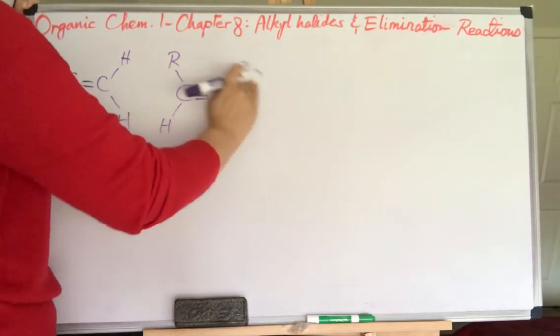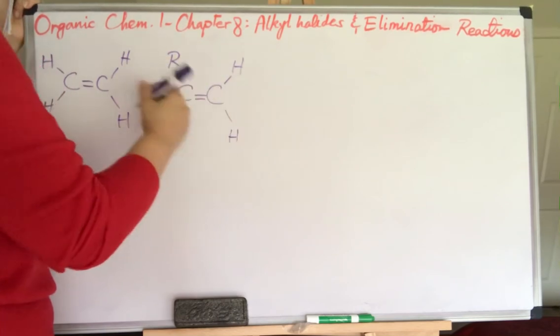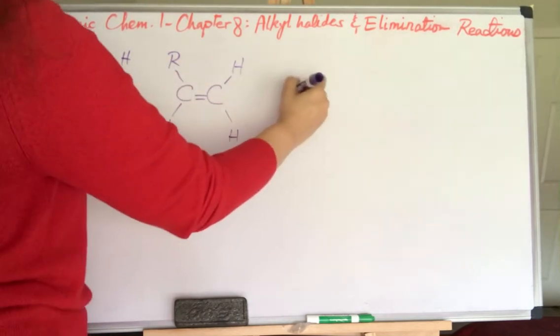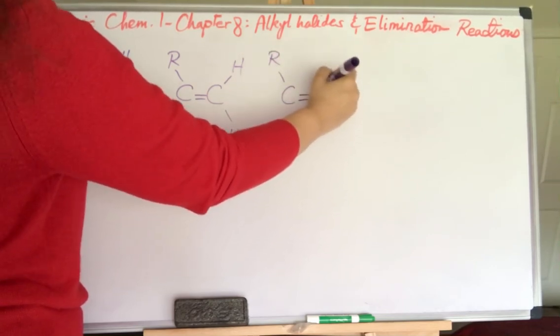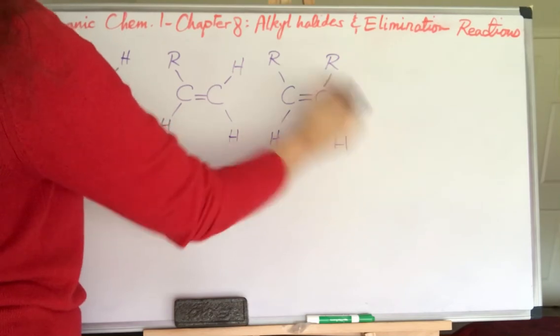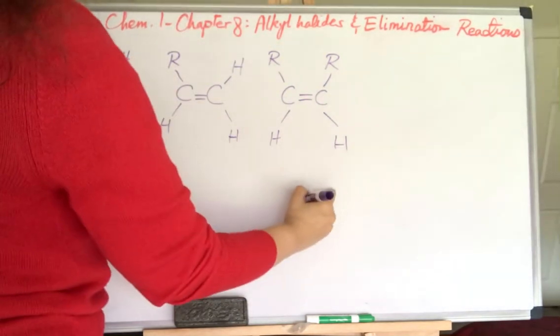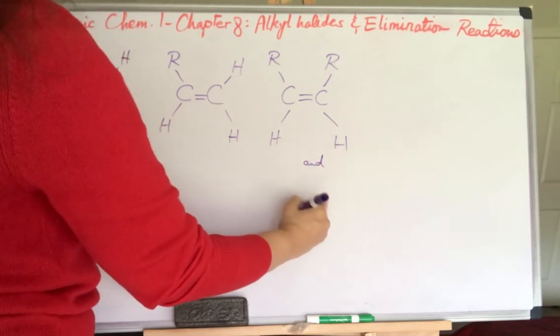So, one alkyl group, then two alkyl groups, and you can have another substituted.